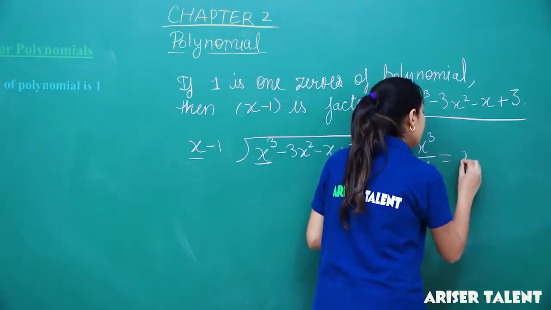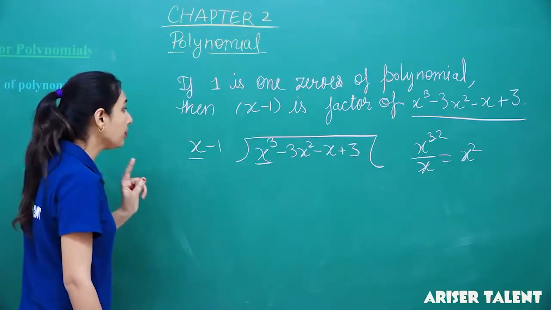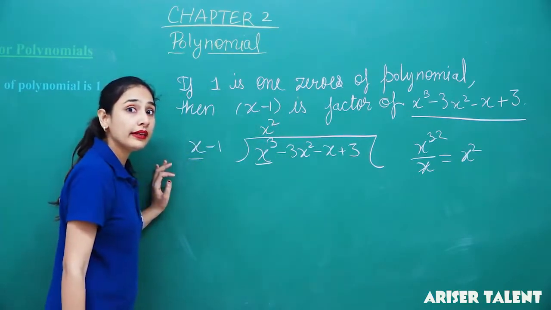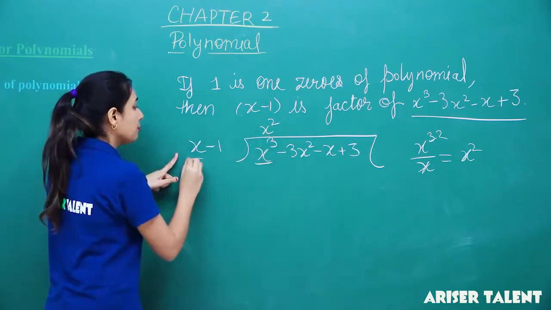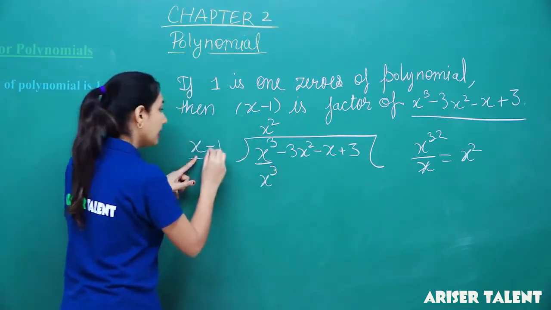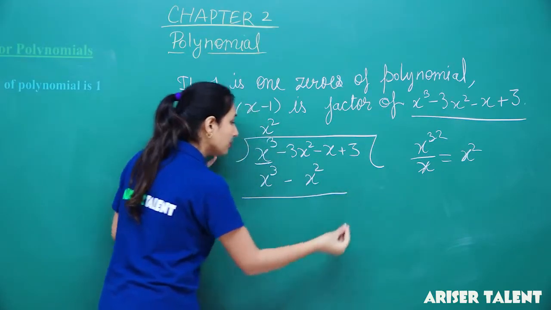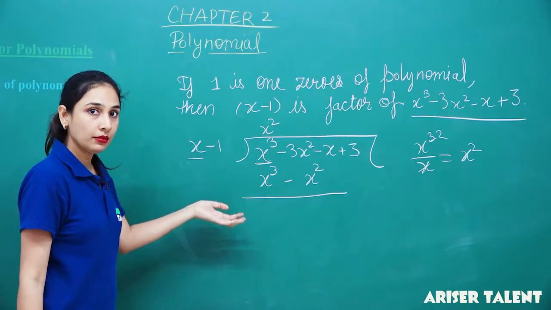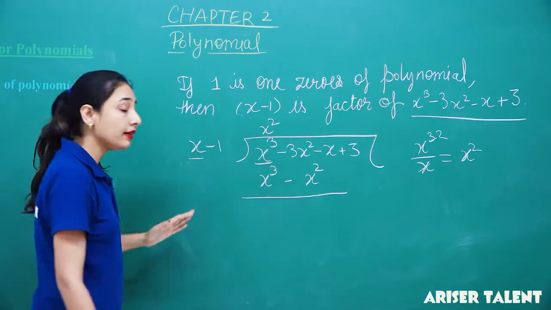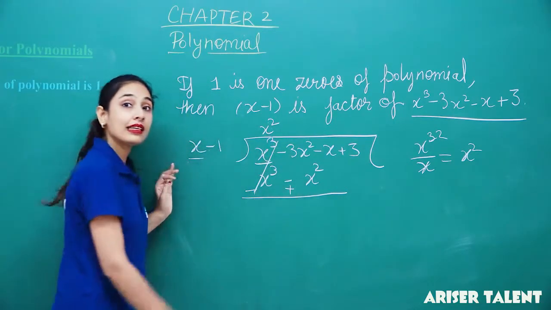So we get x square from here, and we simply write x square here. Multiplying gives x cube minus x square. We change signs here because we have to subtract to do the division, so that will be minus and that will be plus, and it cancels out.